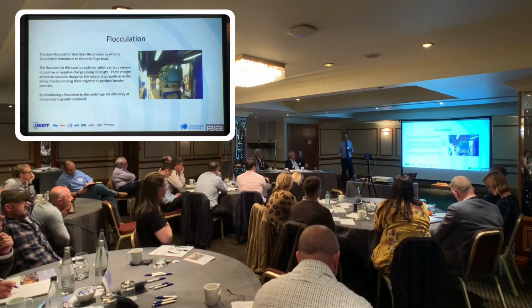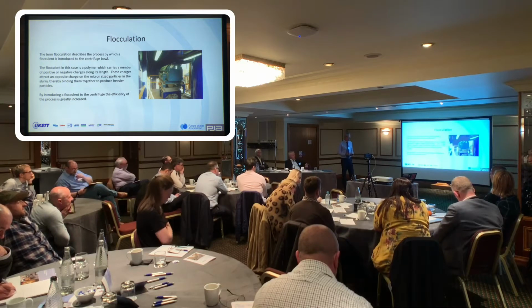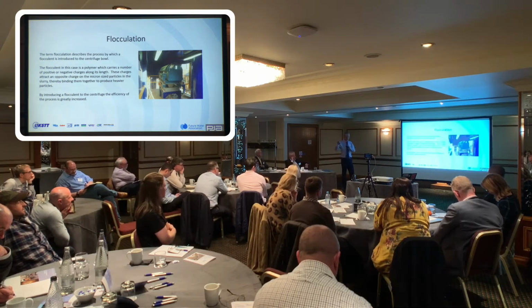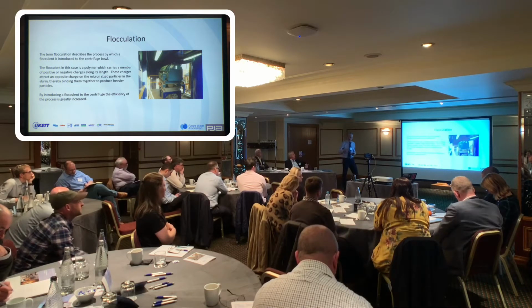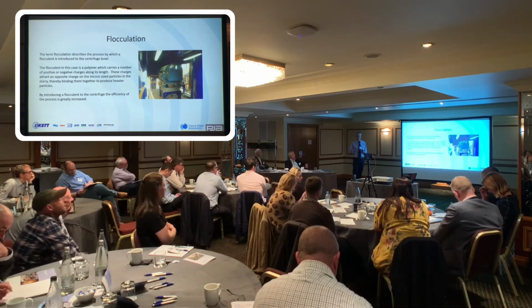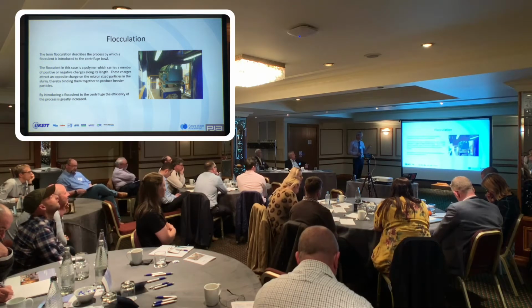They are either positively or negatively charged, dependent on the charge on the particles in the ground that you're trying to attract. So if you use a negatively charged flocculant, which is generally what does work, what they do is they grab all the positive charges on the little small particles, they clump it together, make it much bigger, such that the centripetal force can act on that larger particle and you can actually separate it out.